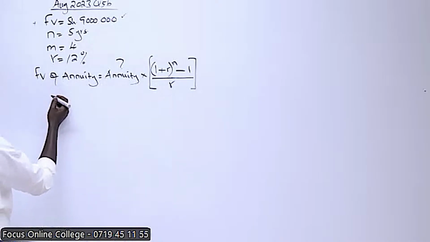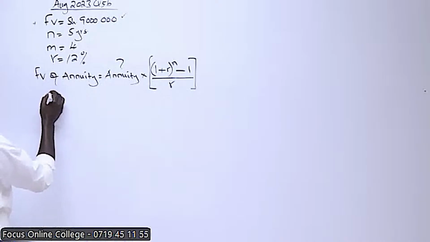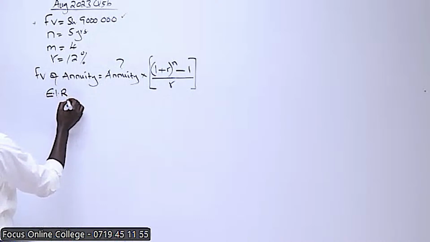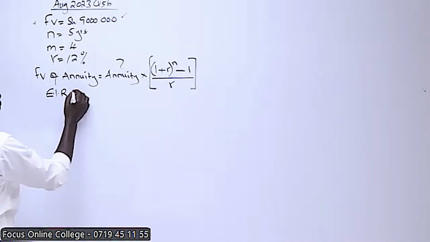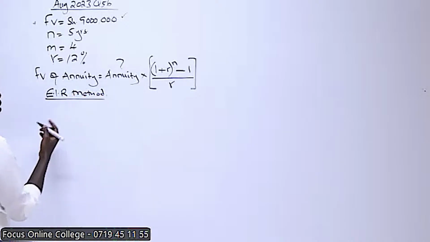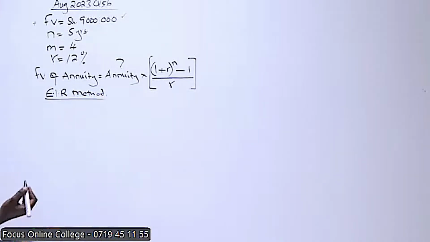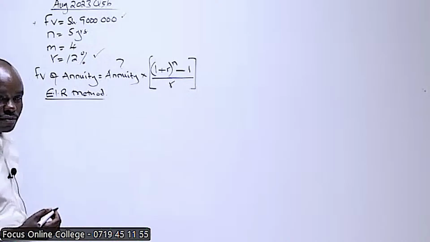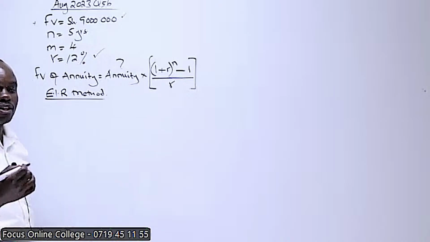We will start with the effective interest rate method, whereby we are supposed to adjust the interest rates to reflect quarterly. This interest rate here, this 12%, we said we are calling it the nominal interest rate.